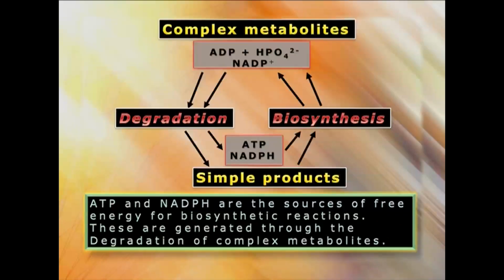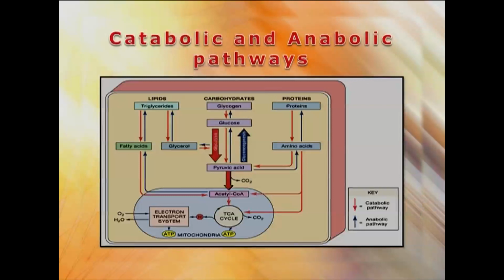In case of anabolism, the simple products are assembled together, harnessing the energy released from ATP and NADPH to produce the complex metabolites. This particular slide will show us how the catabolic and the anabolic reactions take place within a biological cell, but essentially in the reverse direction.